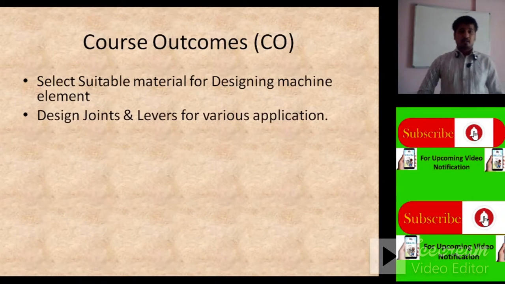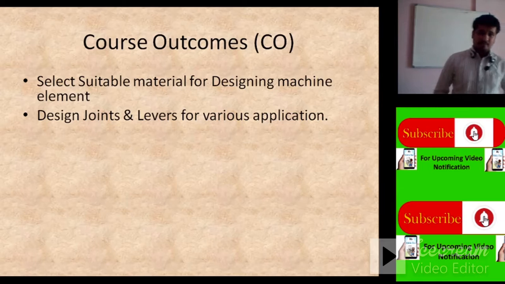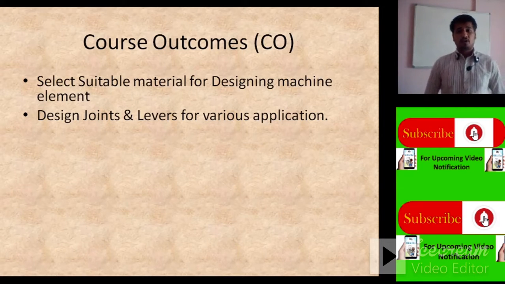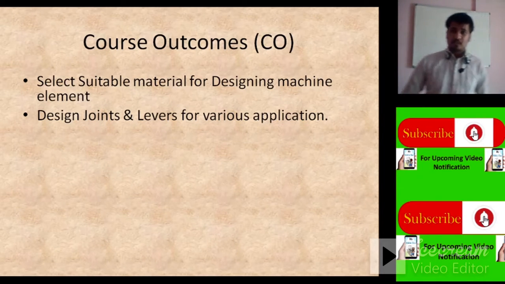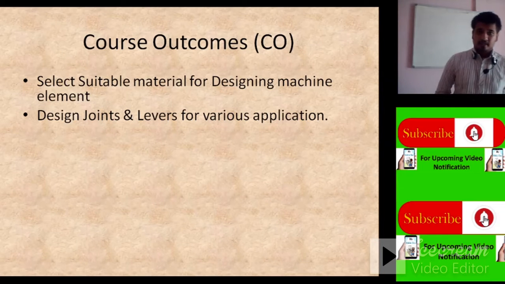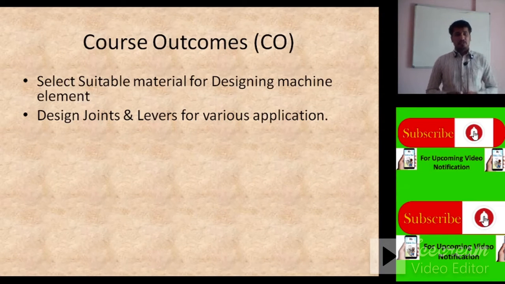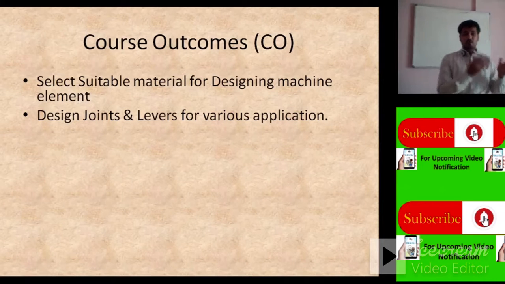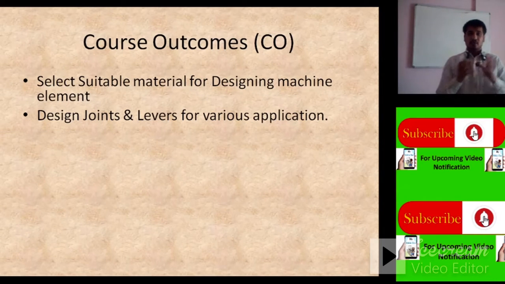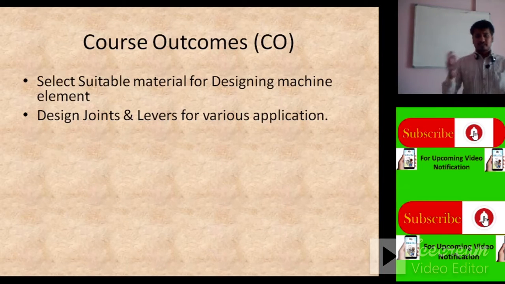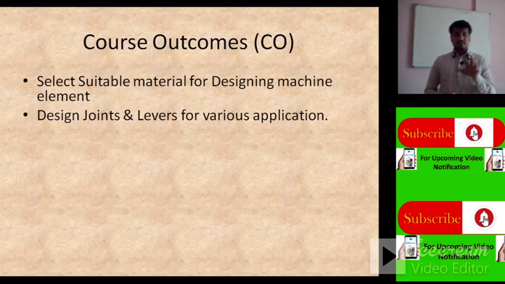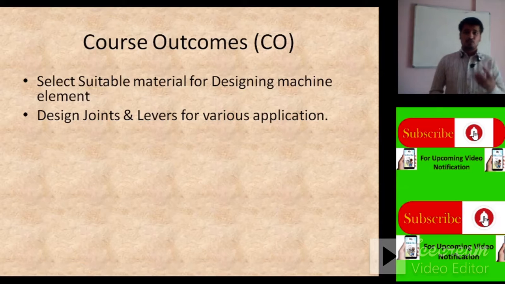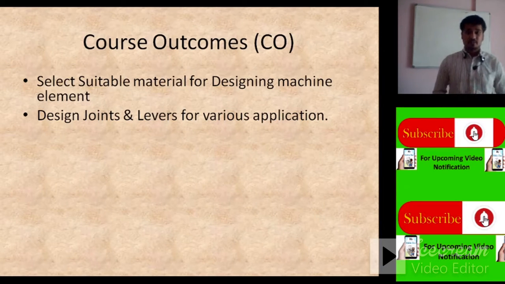material. Second course outcome is select joint and lever for various applications. As we have discussed in the second chapter, in that chapter we have to design some joints and levers which are important for every application, because every application has some motion, and to do that motion we have different joints and levers.